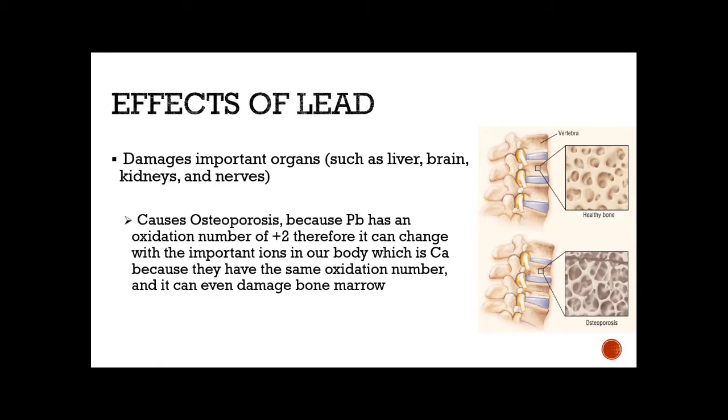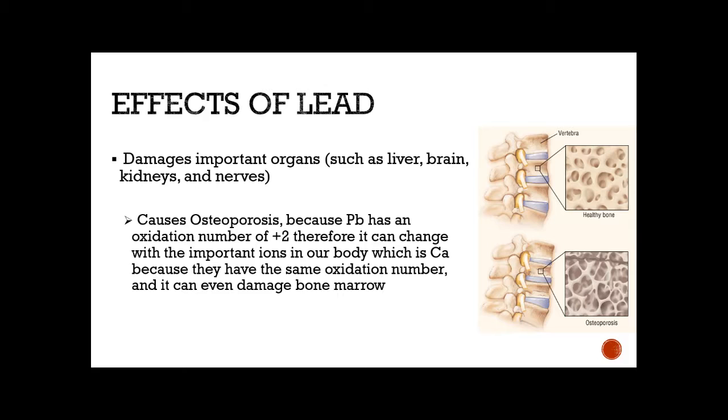What would be the effect of lead? One of which is that it damages organs. The problem with lead being a heavy metal is that it damages important organs such as kidneys, liver, brain, and our nerves.